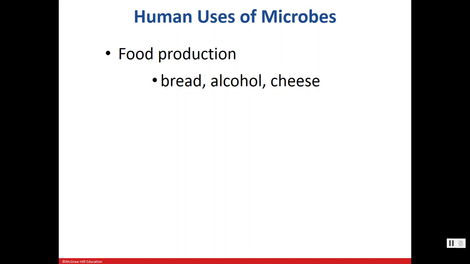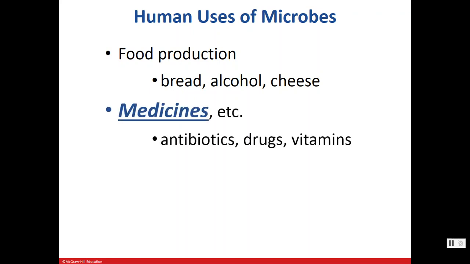So beyond just how microbes are associated with disease, as a wrap-up into looking at these groups of organisms and the history of all of this, we use microbes in a lot of ways. In food production, we talked about things like alcohol fermentation, cheese production, bread, all of those. And all of those usually involve fermentation of some sort. Medicines, such as antibiotics, right?